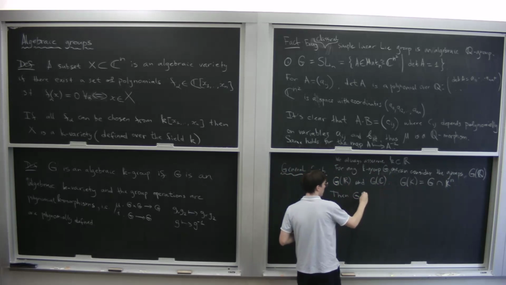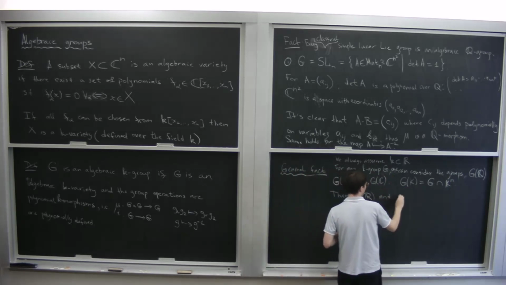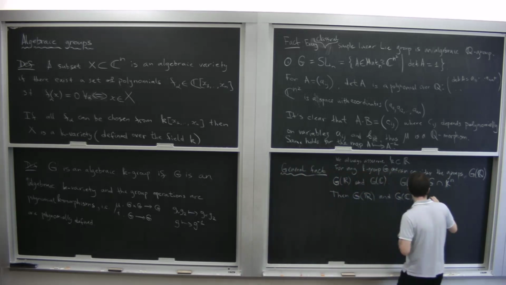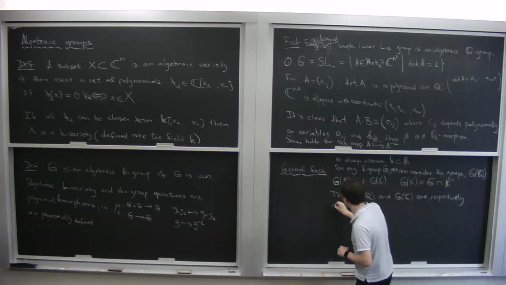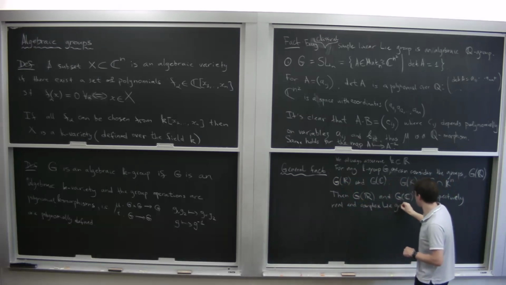And G(R) and G(C) are, respectively, real and complex Lie groups.